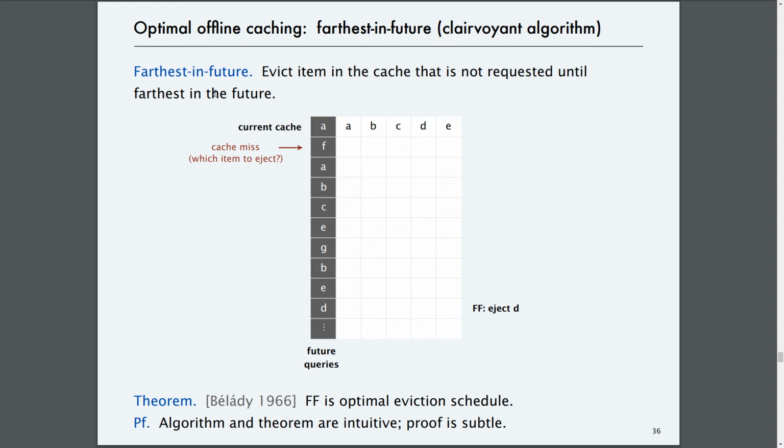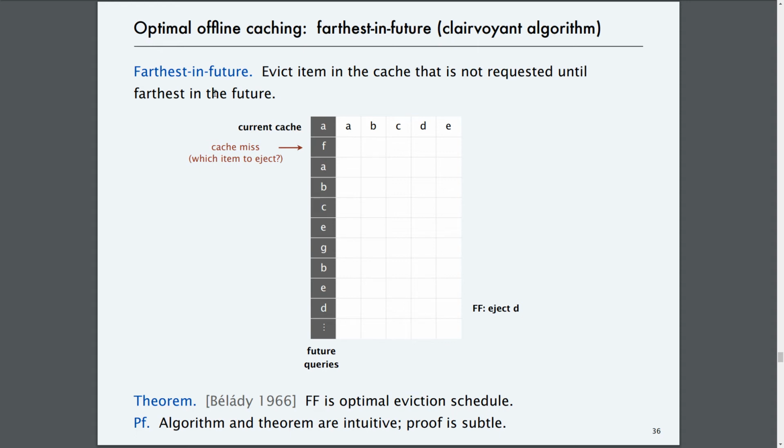So what we have as well is something called farthest in future, and this is kind of an algorithm where you know everything. So it's offline. You can process the entire input, and then you can do what you need to do, knowing what will happen in the future.